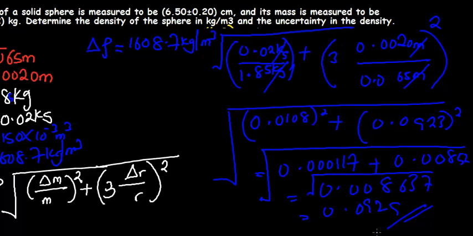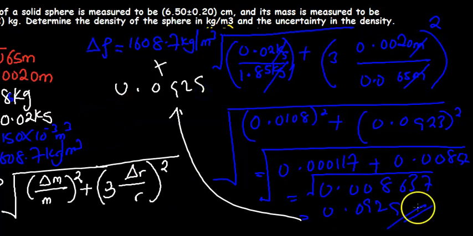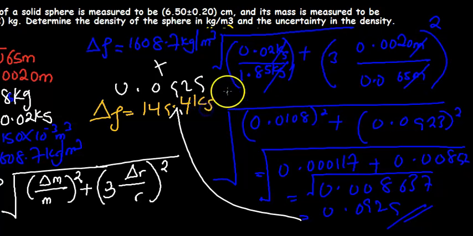So remember, from the outside we have 1608. If you multiply it by this value, which is 0.0929, your final answer, the uncertainty of the density, is going to be 149.4 in kilogram per meter cube.